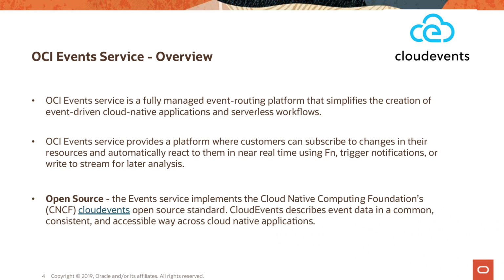Rather than continuously polling for changes in your cloud infrastructure resources, you can use the event service to subscribe to the events that you care about, and then automatically react to them in near real time, by using the OCI function service, by using the notification service, or by writing to the OCI streaming service for later analysis.